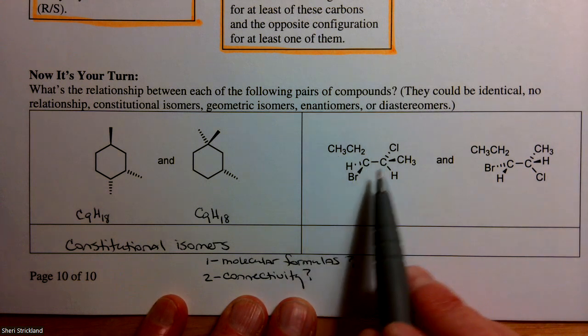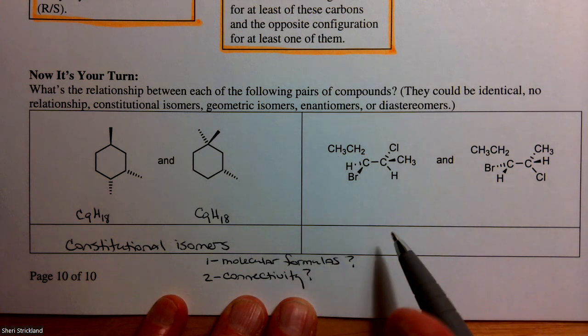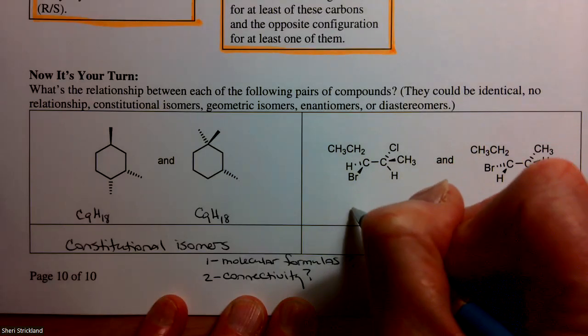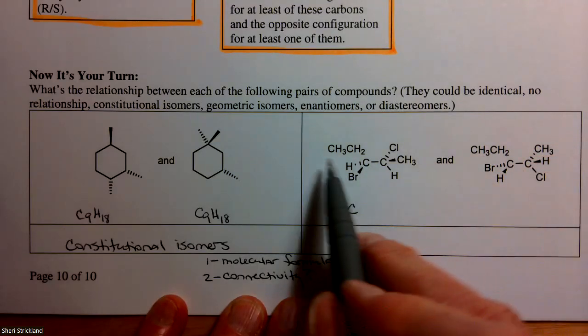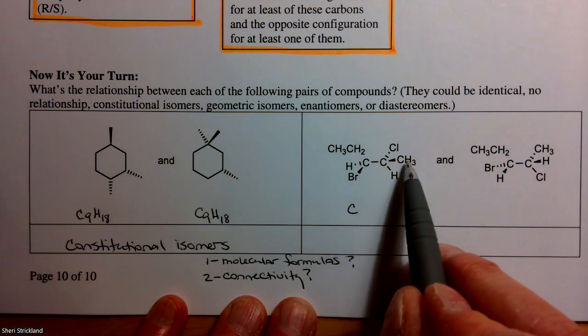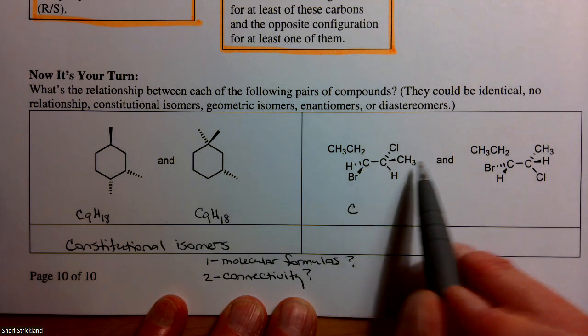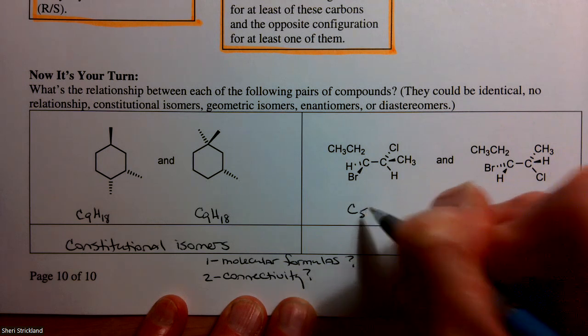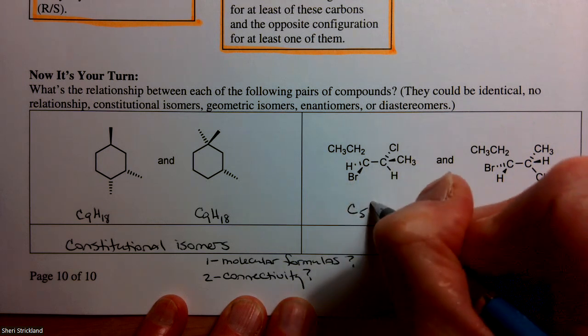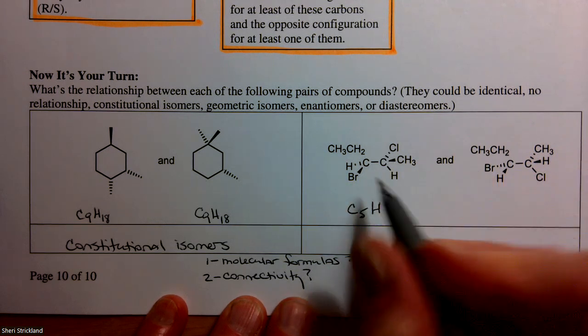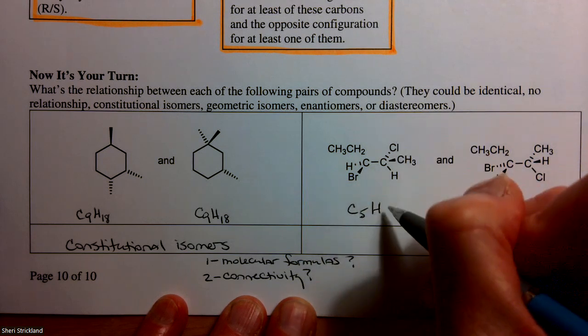All right, so if we did the molecular formulas, let's see what these would be. 1, 2, 3, 4, 5 carbons here, and then we'll count up the hydrogens last, and then a bromine and chlorine.